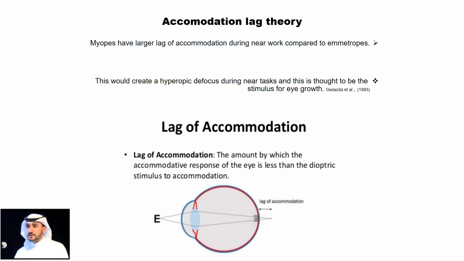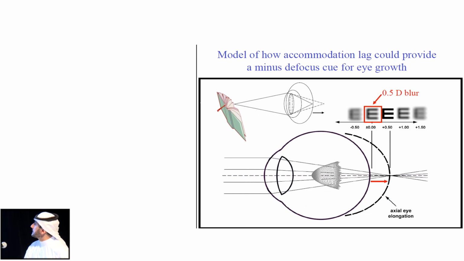So that means the image will fall behind the retina, and this lack of accommodation would be a stimulus for eye growth. And you see in this diagram how the lack of accommodation is causing eye growth, because it's a kind of stimulus for eye growth.